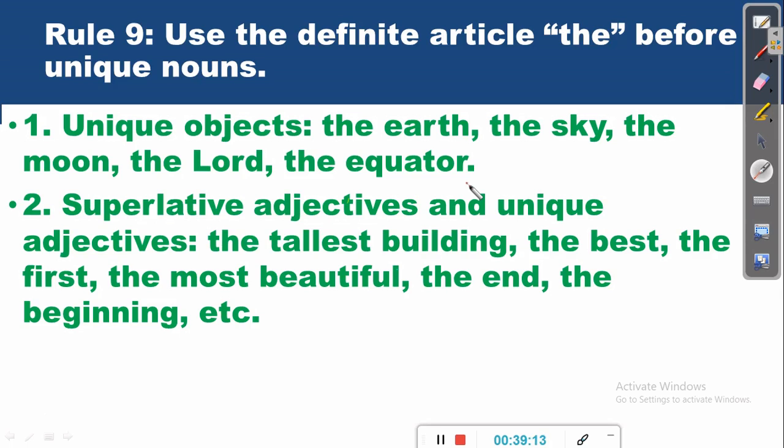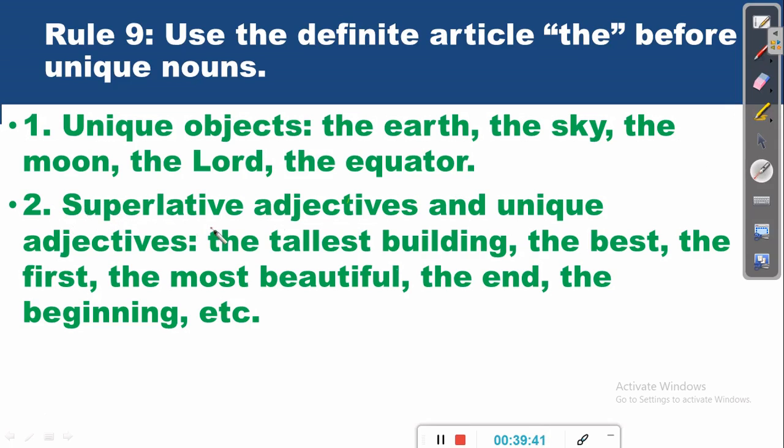Again, we can talk about the president of United States of America, the president, the governor of Enugu State, you know, the chairman. So in some unique cases, we use the definite article. All right.